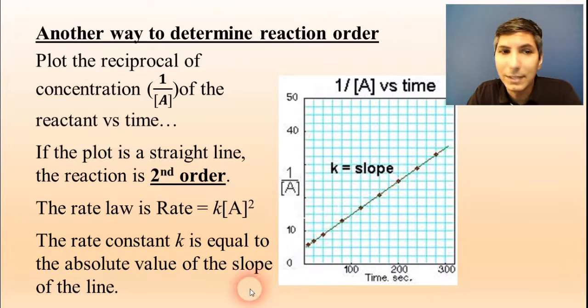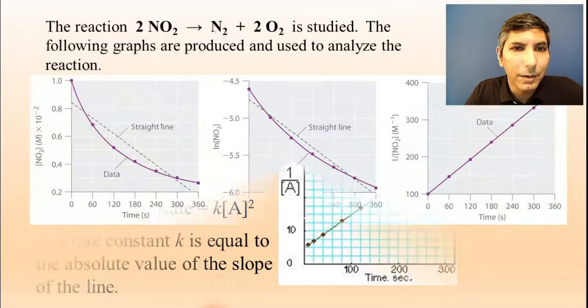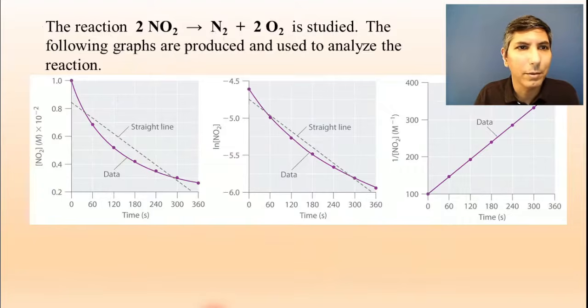Now, to keep things consistent, I wrote it's equal to the absolute value of the slope of the line, because that's mathematically correct. Just to keep it consistent among 0, first, and second order. But since it's positive, K is just equal to the slope. And so you can determine the order of a reactant in a reaction just by doing this graphically. Now, let's try an example problem here.